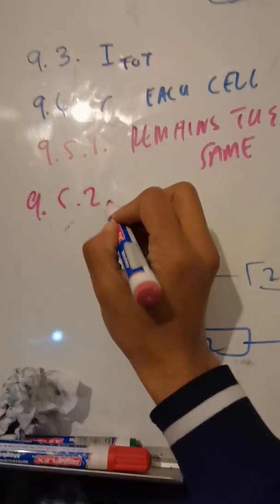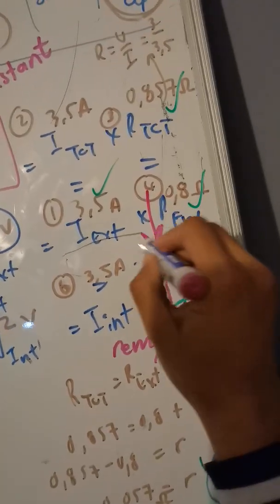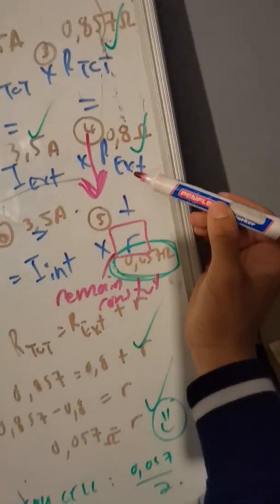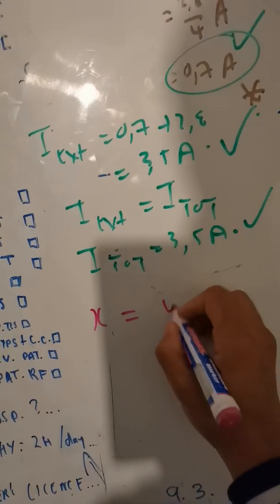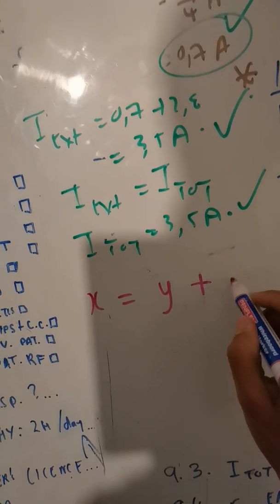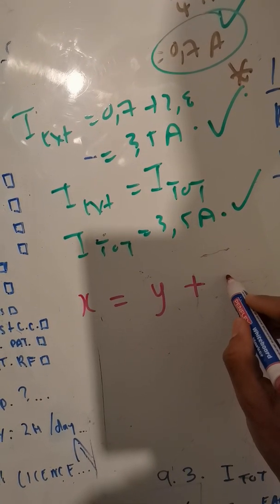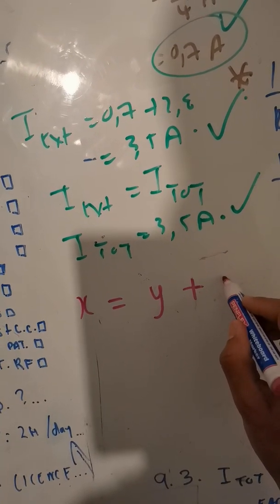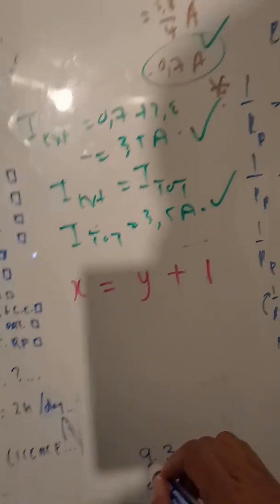Let's move on to 9.5.2. Before I go to the question of 9.5.2, I first want to analyze what is happening. So R external decreases. Now, I want you to understand that if you have an equation, for example, x is equal to y plus 1.